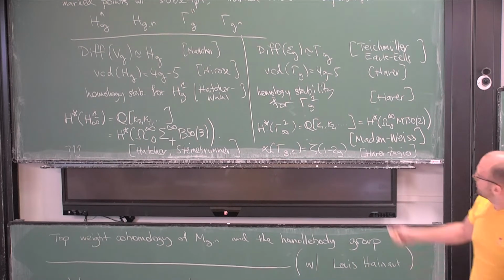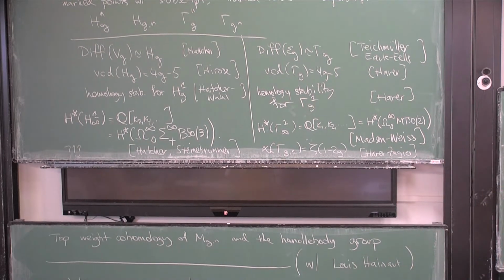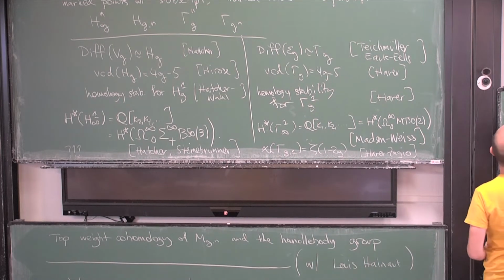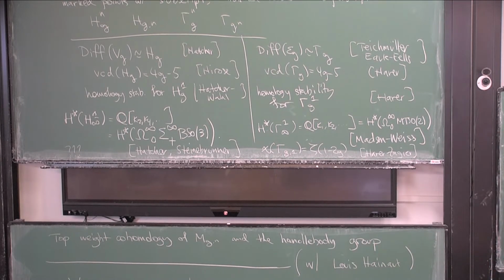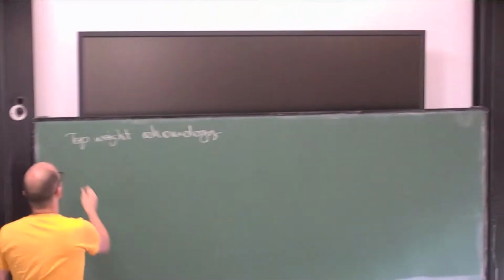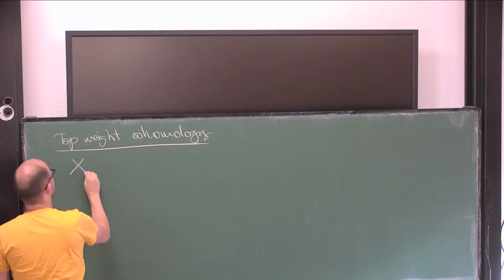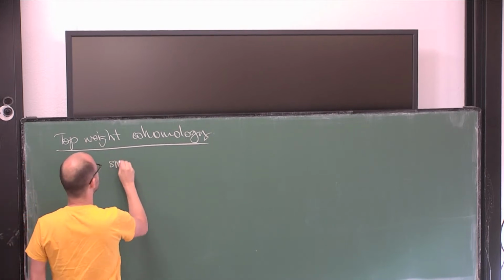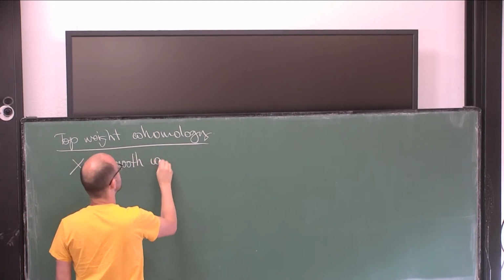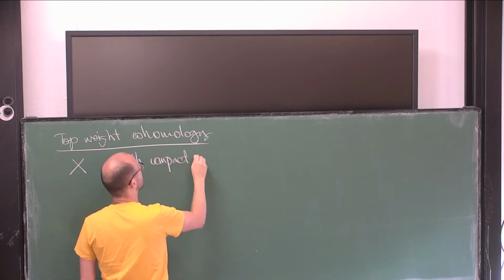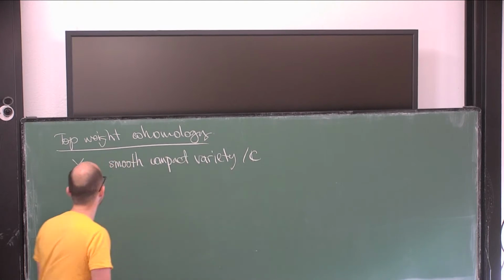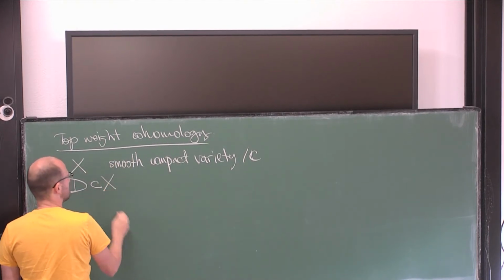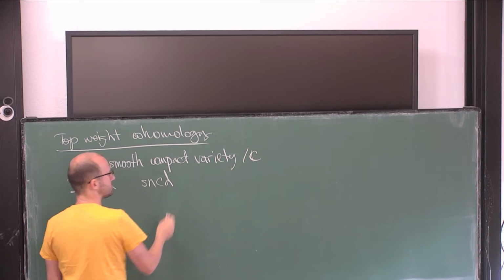I also want to say something about top-weight cohomology, even though we've already heard about it. So let X be a smooth compact variety over the complex numbers, and D inside of X a strict normal crossing divisor.